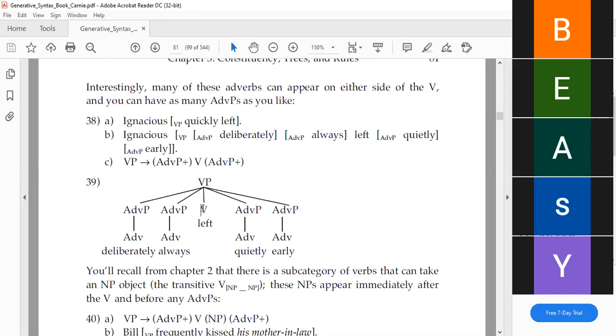So someone might ask, you said that they modify the verb left. So why aren't they attached within the V? How can we answer this question?